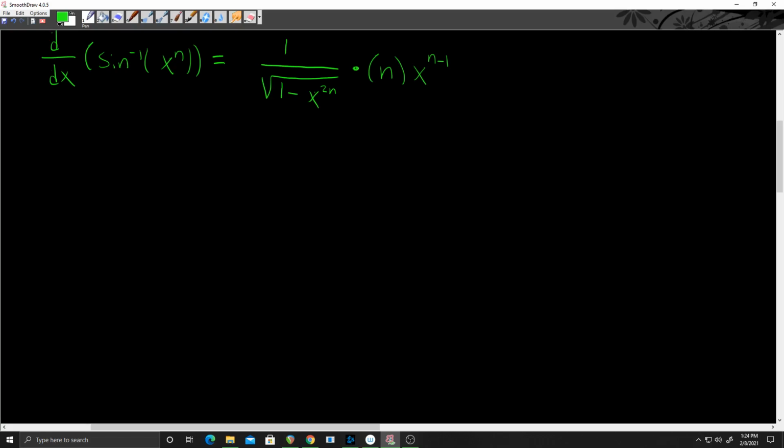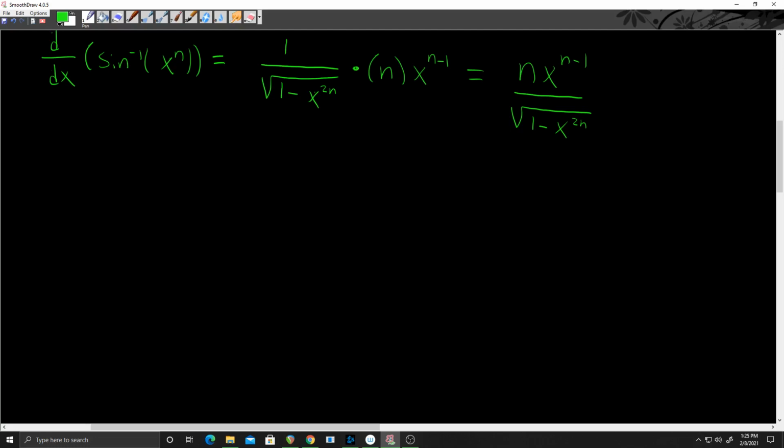If we write this out, what we're going to have is n x to the n minus 1 over the square root of 1 minus x to the power 2n. Okay. All right. So let's keep that in mind.